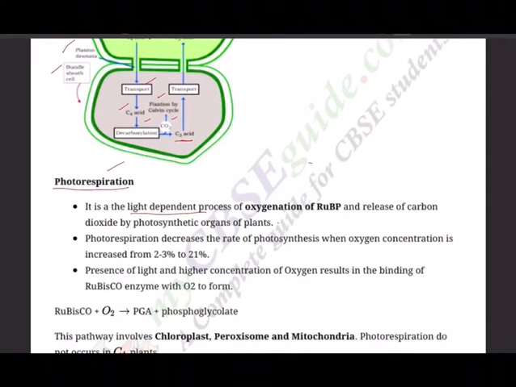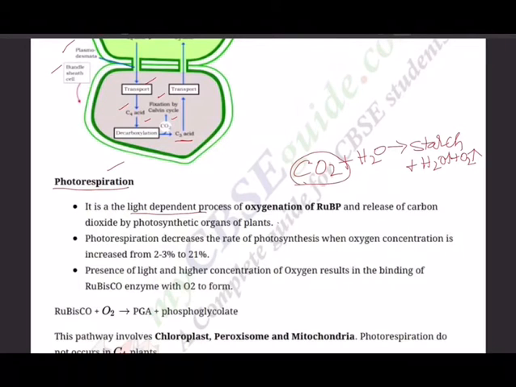Normally in photosynthesis, we have said CO2 plus H2O are both absorbed, and plants get starch, some amount of water gets released, and finally oxygen gets released, which we wanted. So here CO2 is getting fixed. Now in photorespiration, what is happening? There is release of carbon dioxide, because it is respiration by photosynthetic organs of plants.